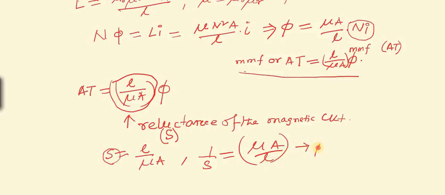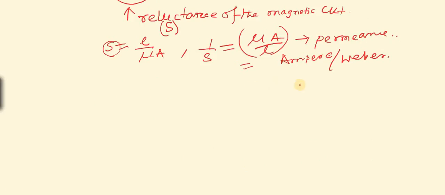This is called permeance, and the unit of this is Weber per ampere.